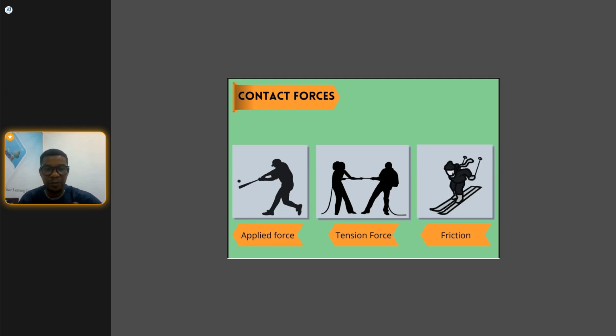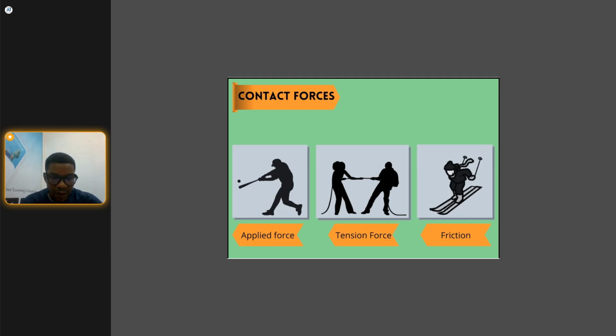For contact force, we always expect to have two objects, and the two objects have to be in contact before motion can occur. So that force applied is called the contact force, from the word contact. Two bodies, two particles have to be in contact physically for motion to occur.